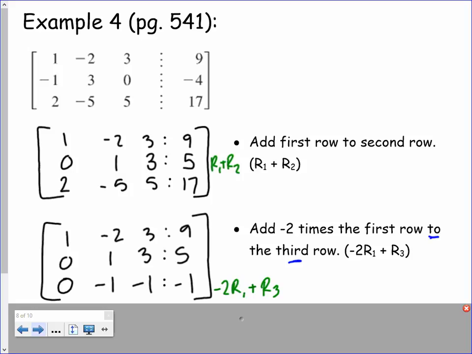But remember, in order for it to be in row echelon form, my leading ones have to be moving over to the right. So I really can't have a negative 1 or a 1 in the second column of the third row. Can you see an easy way to cancel that out? Add the second row and the third row.